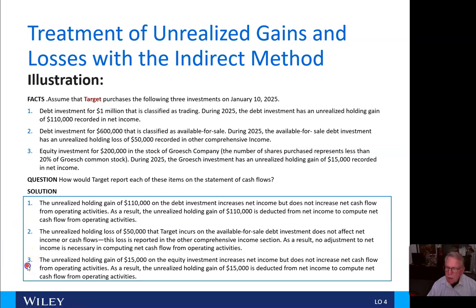And then finally, for number three, the unrealized holding gain of $15,000 on the equity investment increases net income, but does not increase net cash flow from operating activities. As a result, the unrealized holding gain of $15,000 is deducted from net income to compute net cash flow from operating activities.